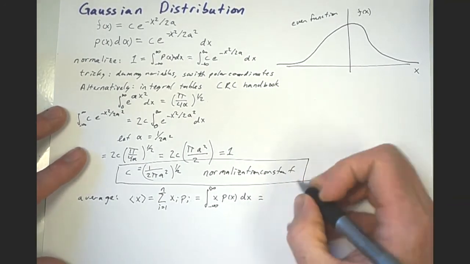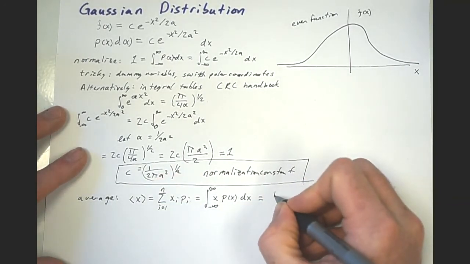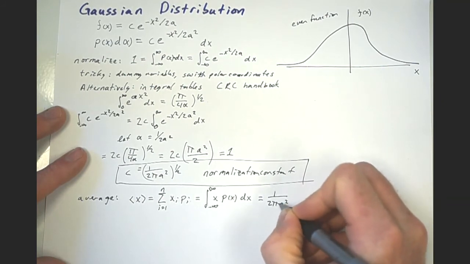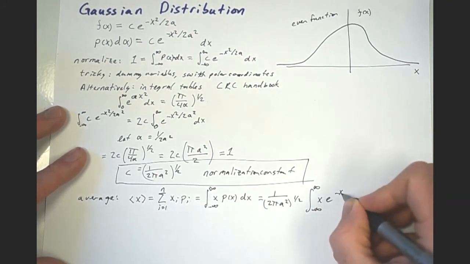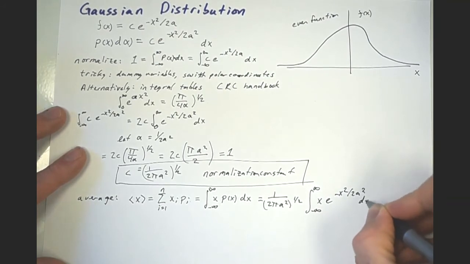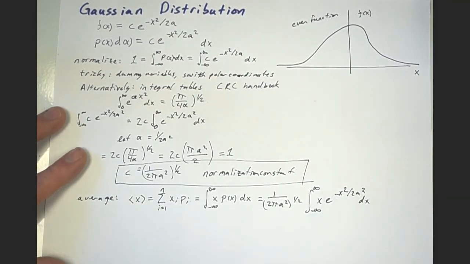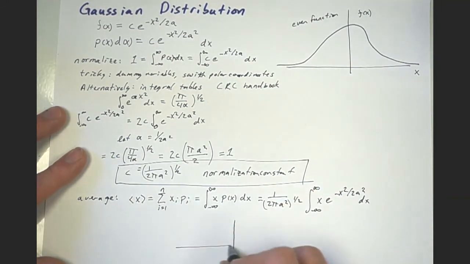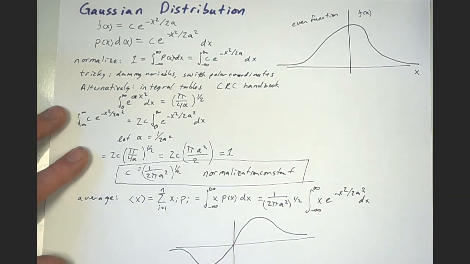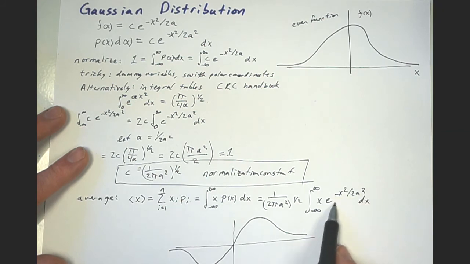If we use our now normalized Gaussian, substituting in for c, we can write this down. So this is x times our p of x. If we were to graph this function, things we can think about are that our Gaussian was an even function, while x is an odd function, right? x just goes through the origin like this.